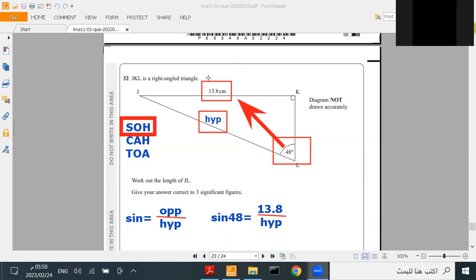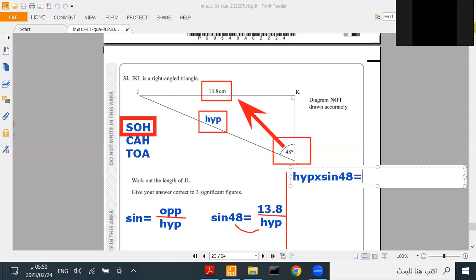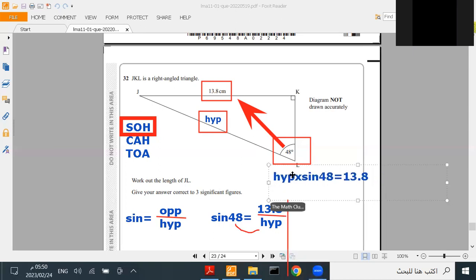Let's do it step by step so we don't get confused. First, I bring the hypotenuse here by multiplying. What remains is h times sine 48 equals 13.8. That's the first step. Now, hypotenuse multiplied by the sine of the angle, 48, equals 13.8.